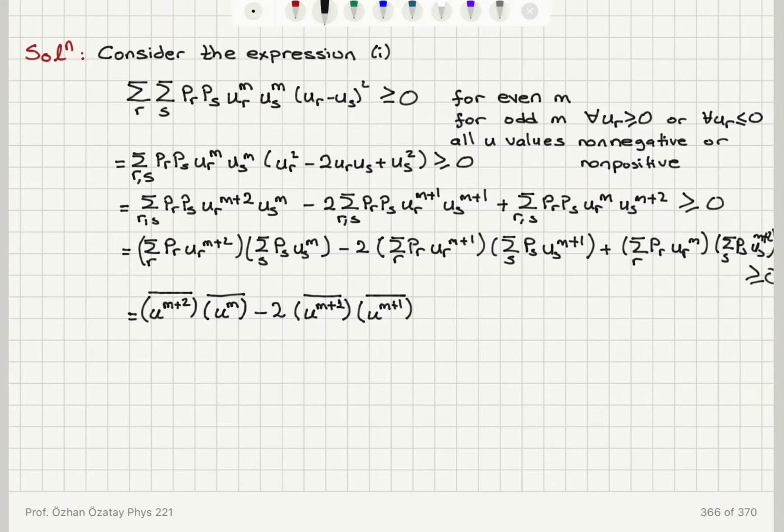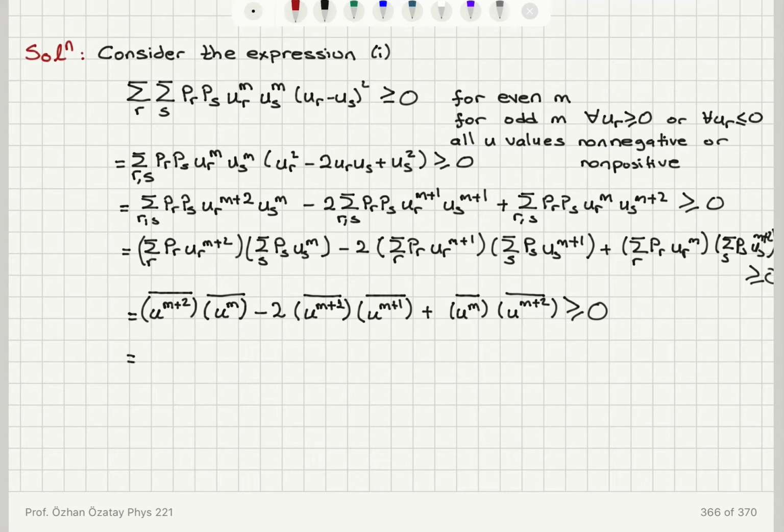And the last term is sum over R, PR, UR to the m. That is U to the m mean value, and then we have the last term sum over S, PS, US to the m plus 2, so U to the m plus 2 mean value, and this is greater or equal to 0 under these conditions.